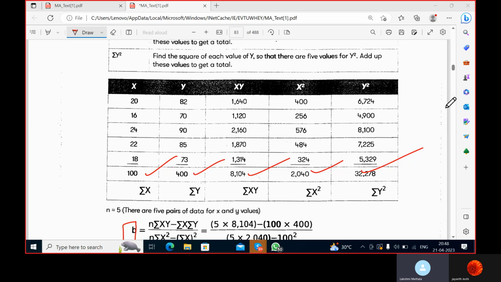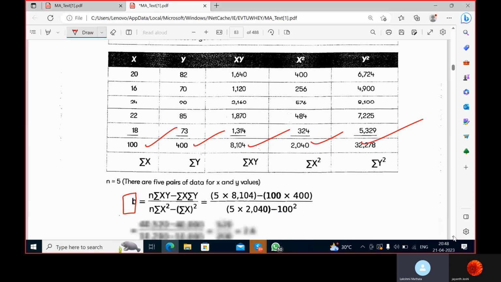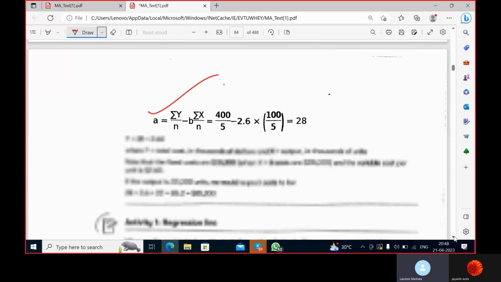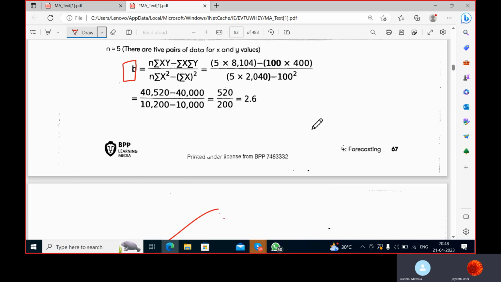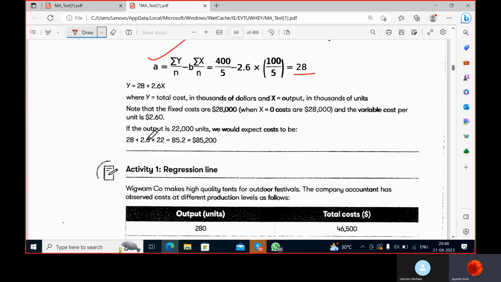Sir, I'm getting Y is equal to 28 plus 2.6x. See, you got A as 28, B as 2.6. Yes, sir. Then Y is equal to A plus BX. So Y is what actually?